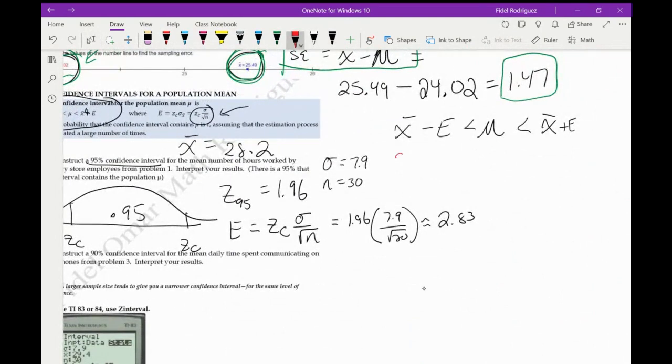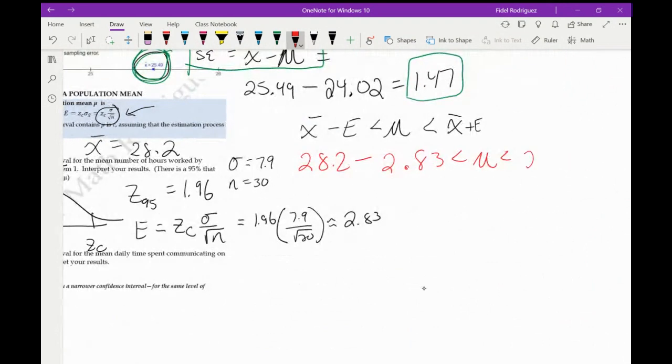Now I'm just going to fill in the blanks. I'm going to write 28.2 minus 2.83, and then 28.2 plus 2.83.